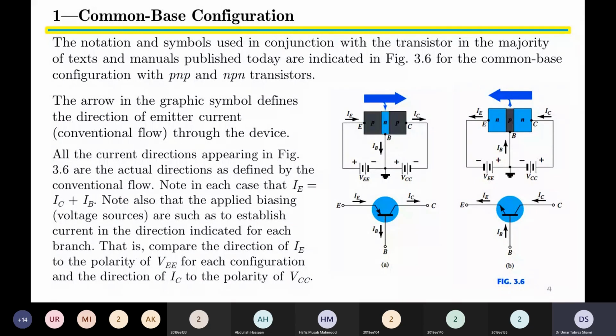So let us look at figure 3.6. Figure 3.6 is divided into two parts, part A and part B. Part A is then further divided into two parts. First, we see the three-layer base transistor symbol and then the symbol of the transistor with common base configuration.